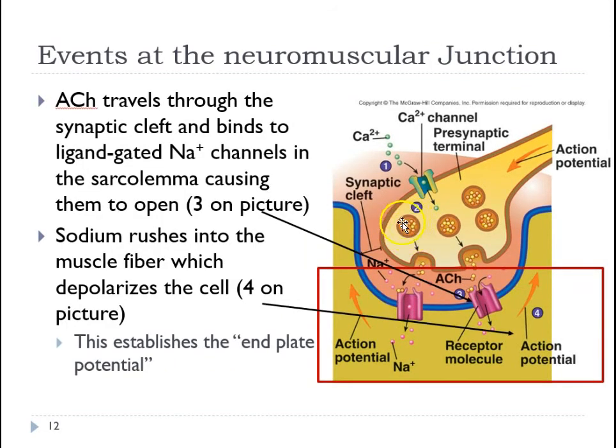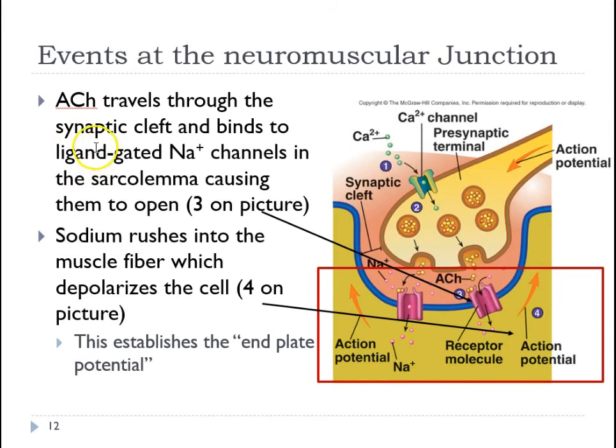So when acetylcholine gets released into the synaptic cleft, it binds to these ligand-gated sodium channels. Now, don't let these names trick you up. When I was a bio student, these names really freaked me out. But let's break it down.